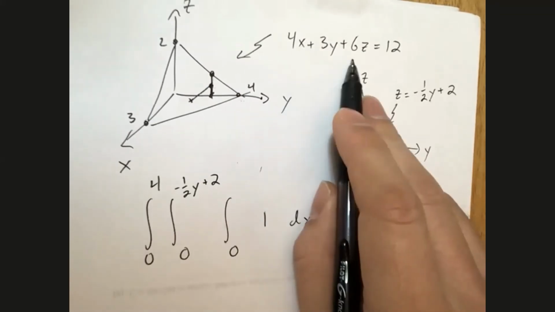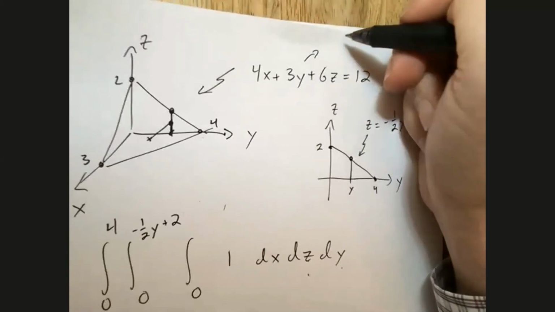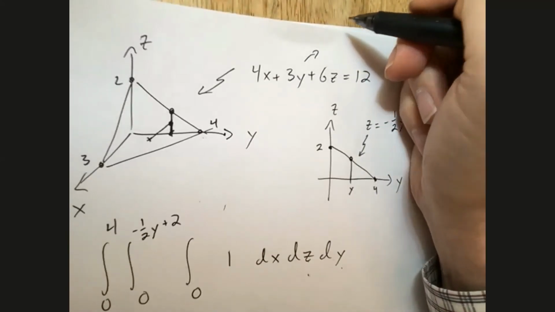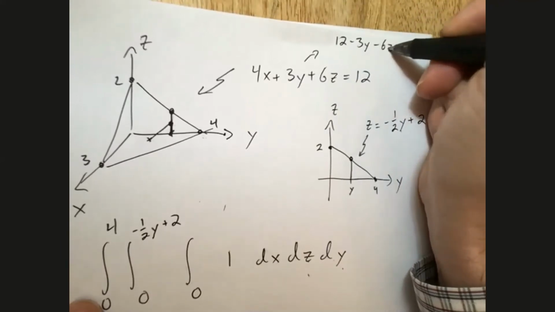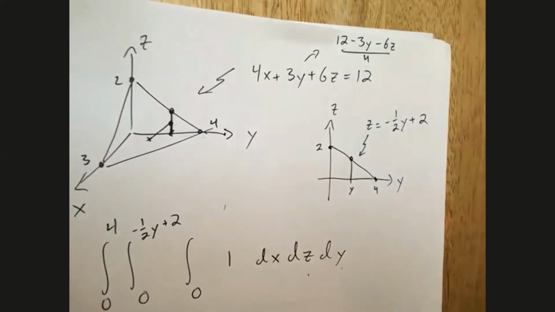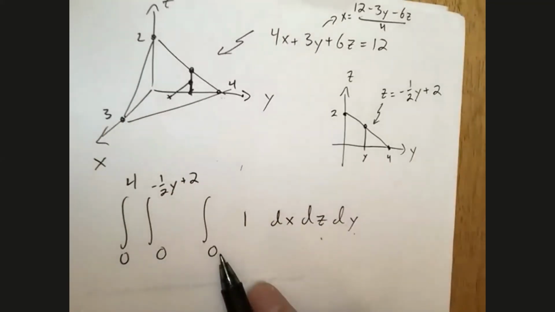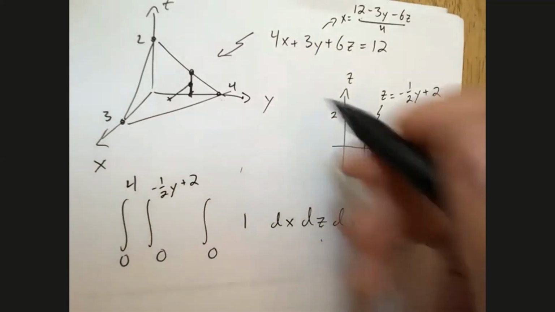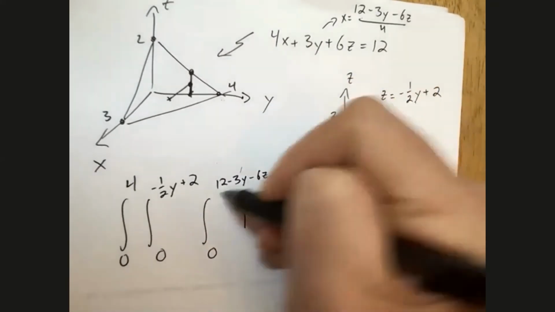If I solve this for x, I get 12 minus 3y minus 6z over 4. Right? Yeah, that looks right. So that's how big x gets. So x is going to go from 0 to that, 12 minus 3y minus 6z over 4.